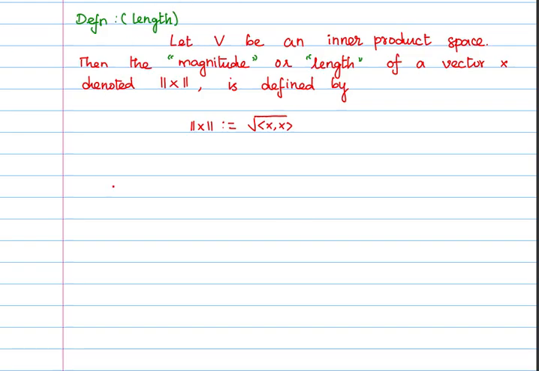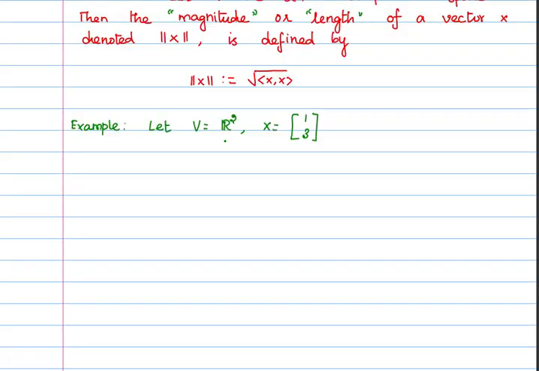Okay, now first we see one example. Let V equal to R2, and x equal to the column vector 1, 3. So the length of the vector is the norm of x.